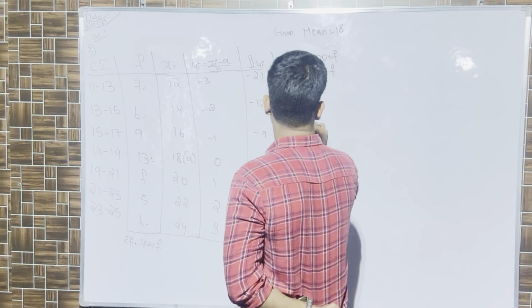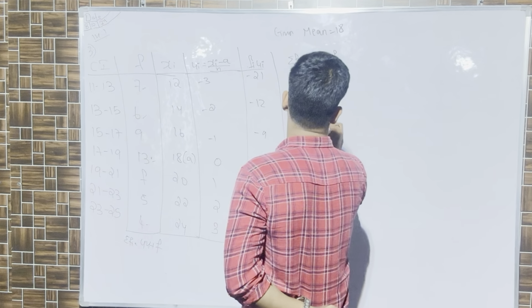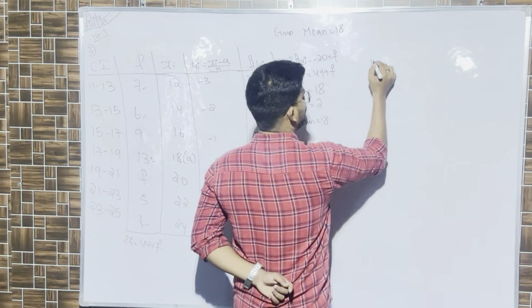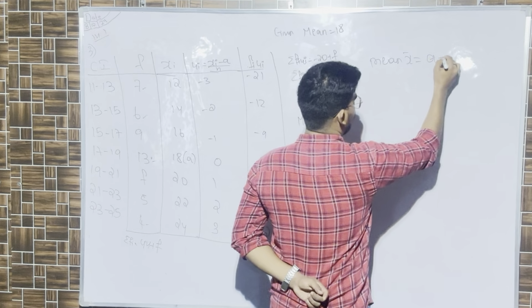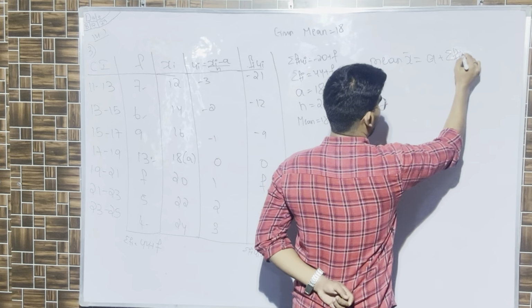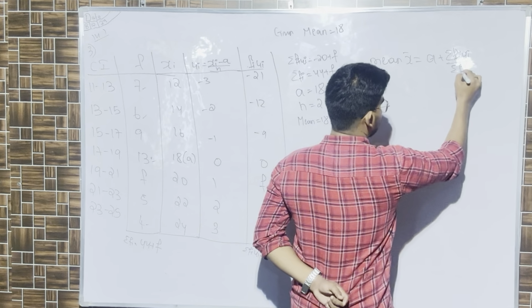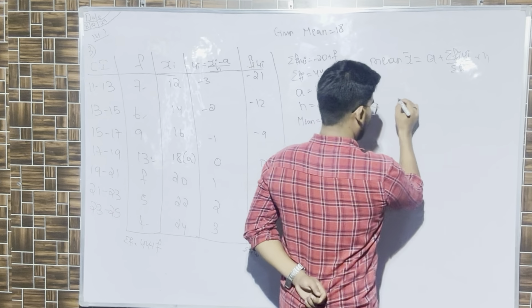Mean is equal to 18. Let us substitute in the formula: x bar is equal to a plus sigma fi ui by sigma fi into h.